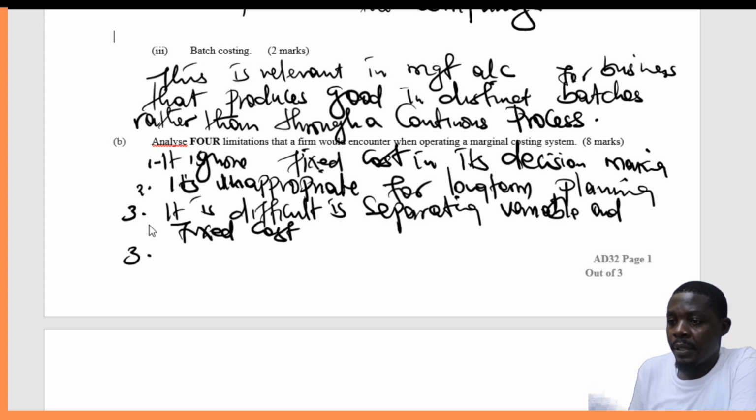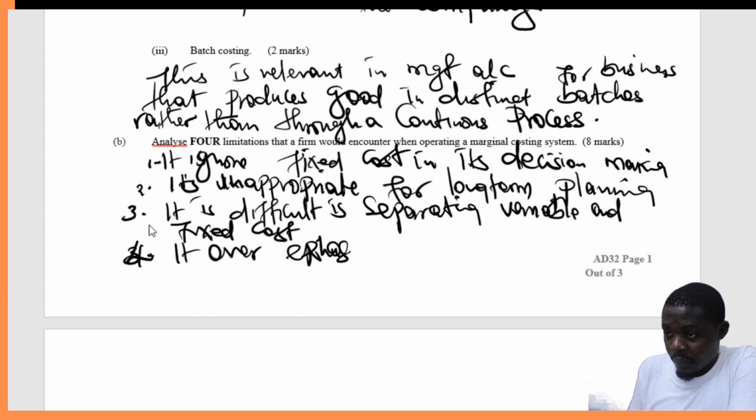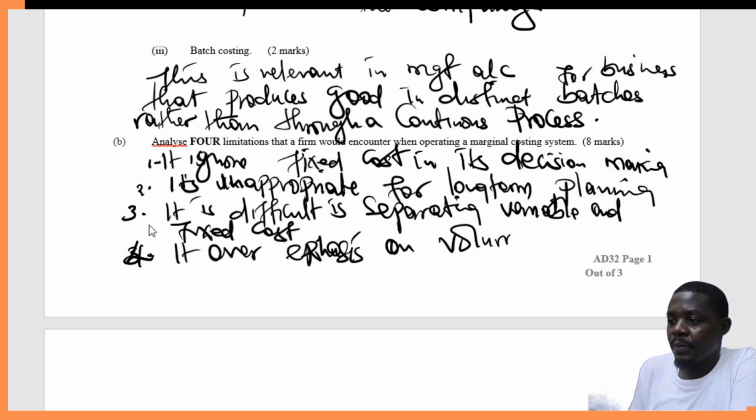Then four, it overemphasizes volume, like contribution margin.